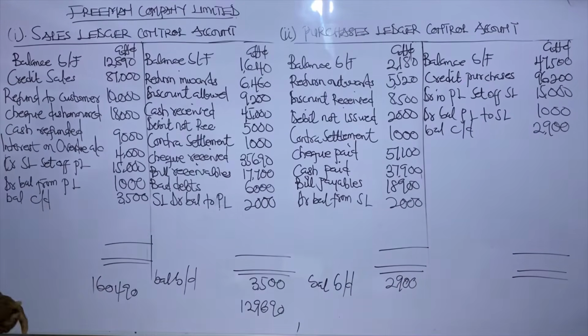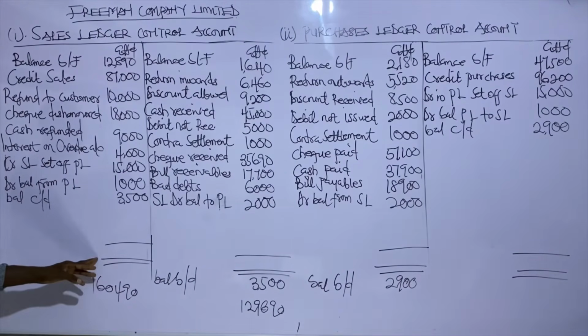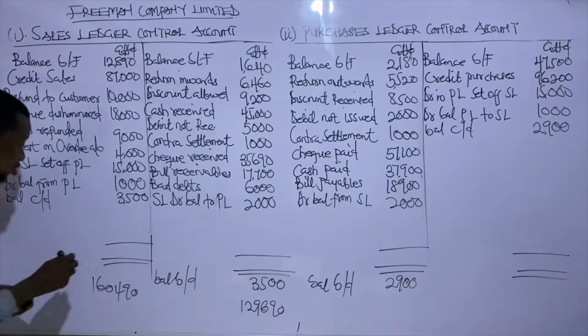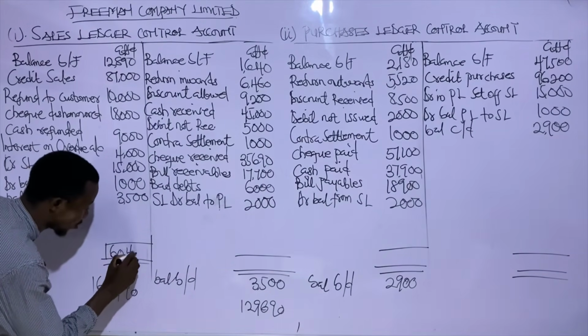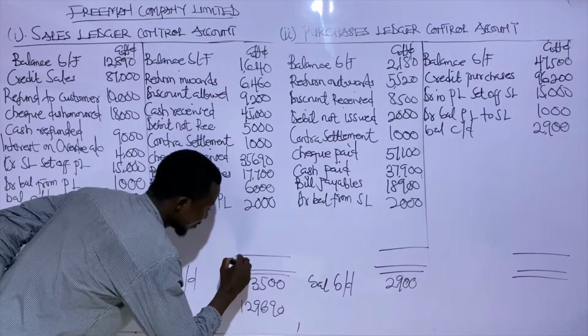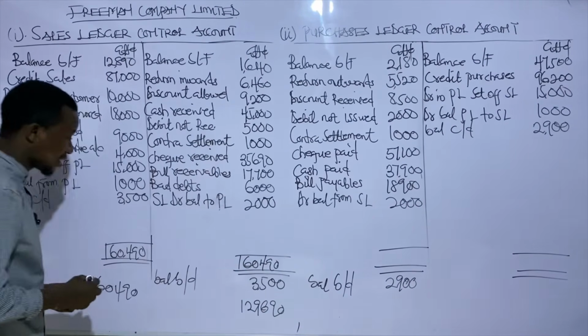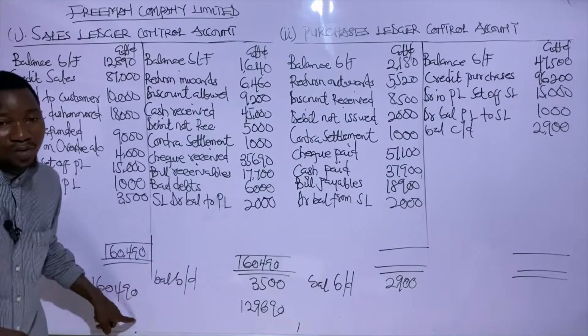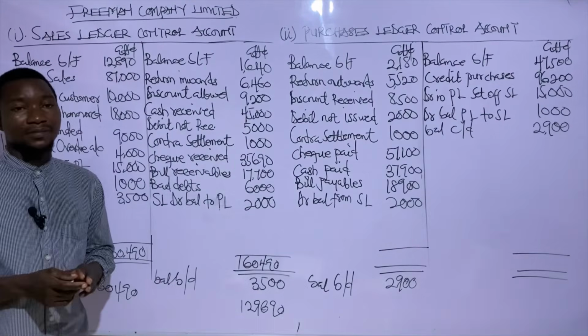So to balance this off, we find the difference between the two. Obviously, the debit side is the larger one. So the debit side will be 160,490, and credit will be 160,490. So what is the difference between these two figures? That is what we have to find out. It is an amount of 30,800.